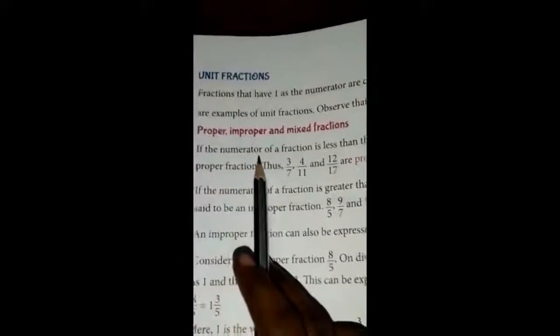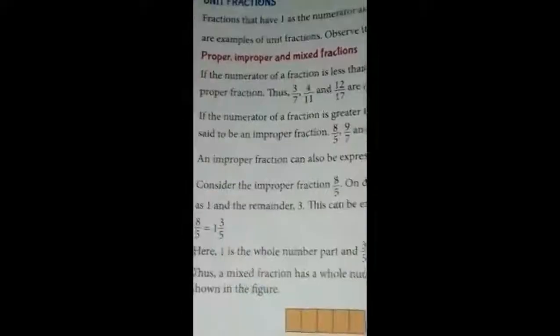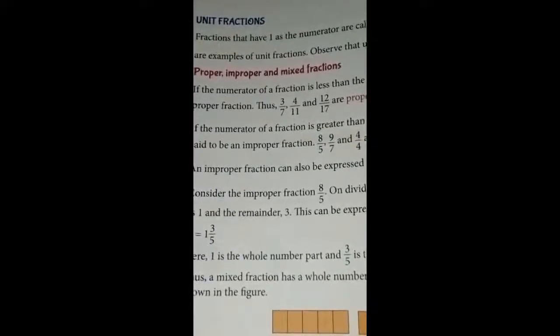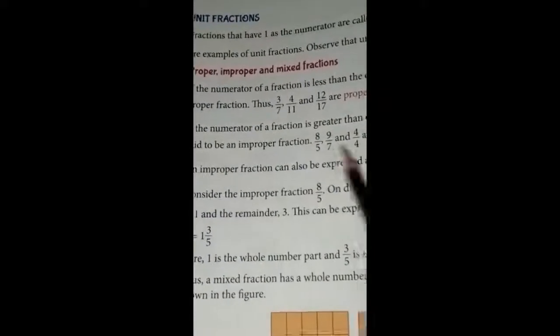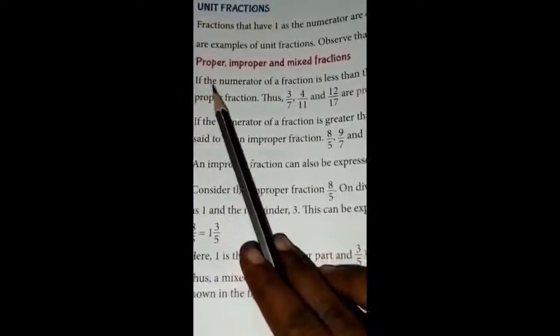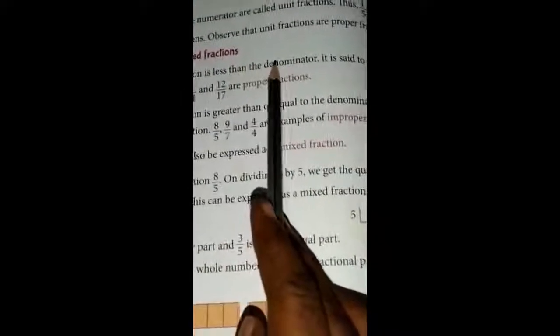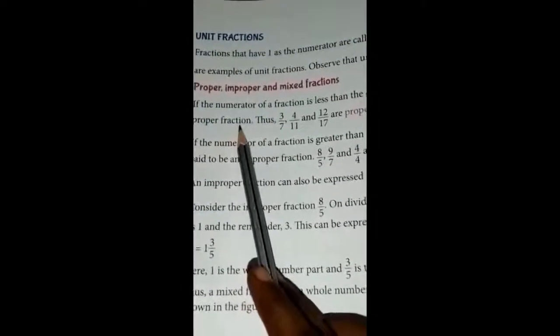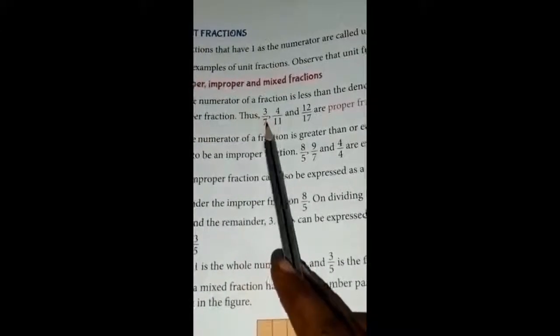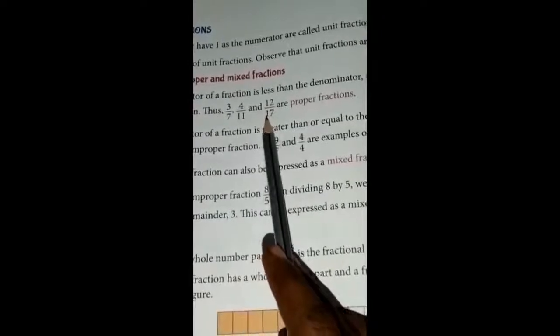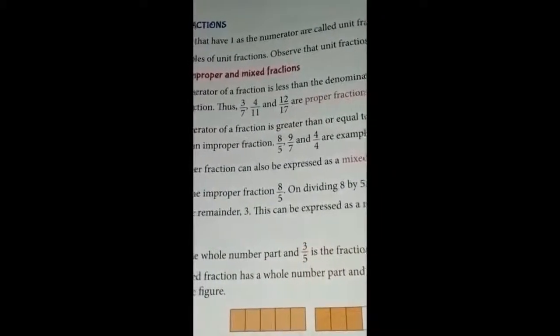Proper, improper and mixed fractions. There are 3 types of fractions: proper, improper and mixed fractions. If the numerator of the fraction is less than the denominator, it is said to be a proper fraction. Thus 3 by 7, 4 by 11 and 12 by 17 are proper fractions.